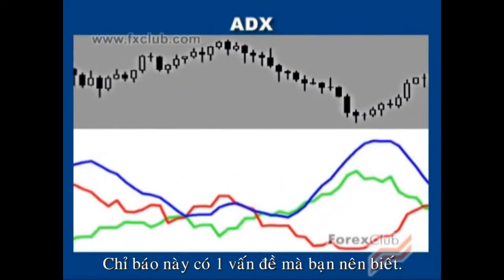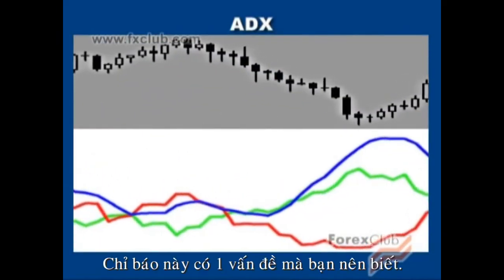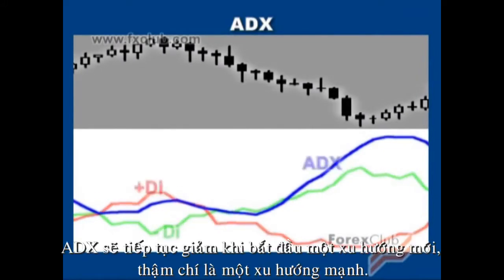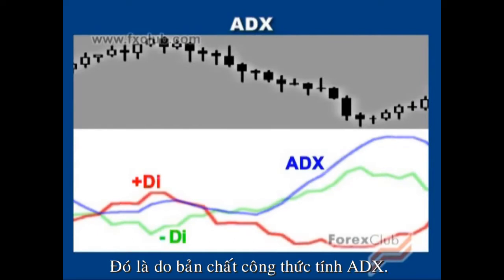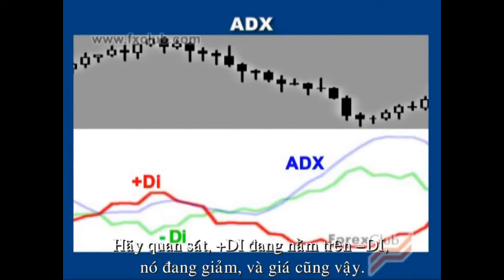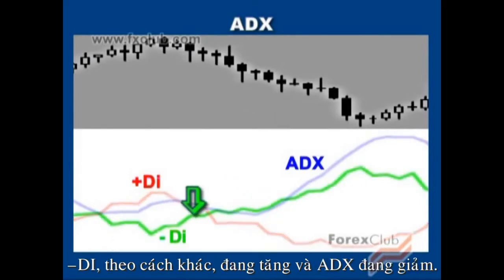This indicator has a trait that you should be aware of. ADX will continue to fall at the beginning of even a powerful trend. This is because of the way ADX is formulated. Observe. Plus DI is above minus DI. It's falling. So is the price. Minus DI, on the other hand, is rising and ADX is falling.